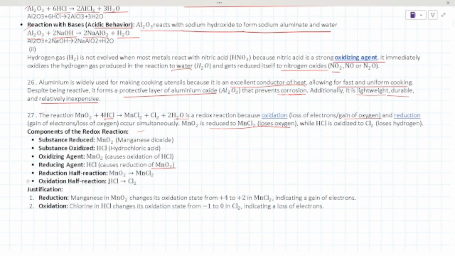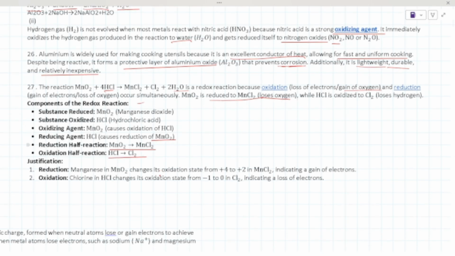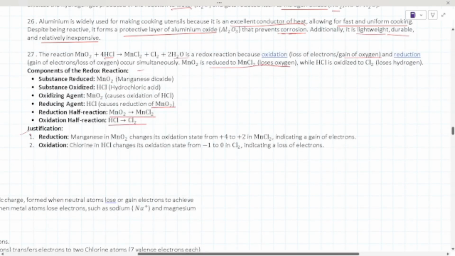And the reduction half reaction, it will be Mn, and the oxidation half reaction with HCl to Cl2. And here the justification of our statement is reduction: the manganese in MnO2 changes its oxidation state from plus 4 to plus 2 in MnCl2, as you can see, indicating a gain of electron.